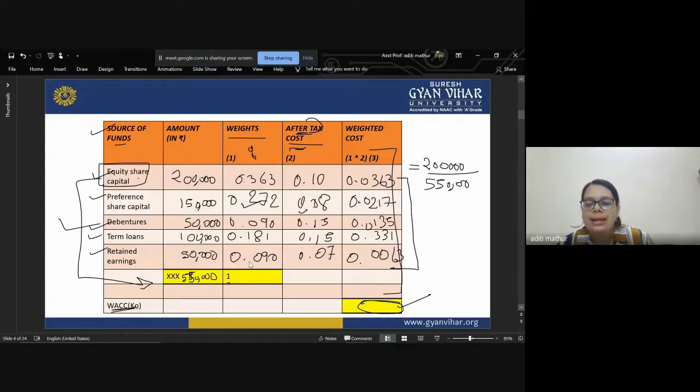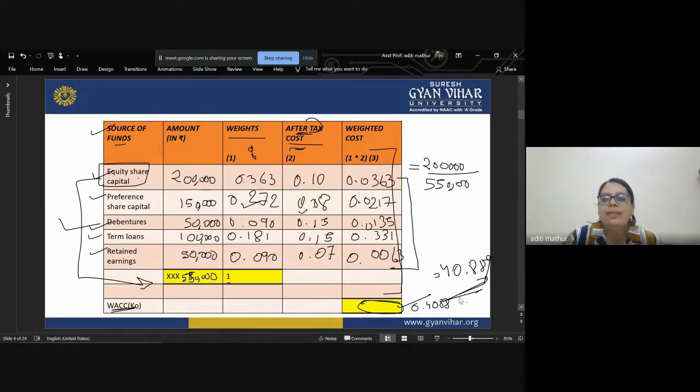So let us start adding: 0.0363 plus 0.0217 plus 0.0135 plus 0.331 plus 0.0063, which is equal to 0.4088, approximately 40%, that is 40.88%.